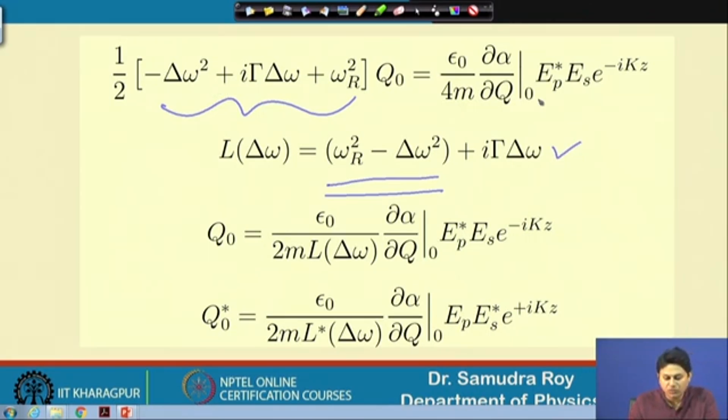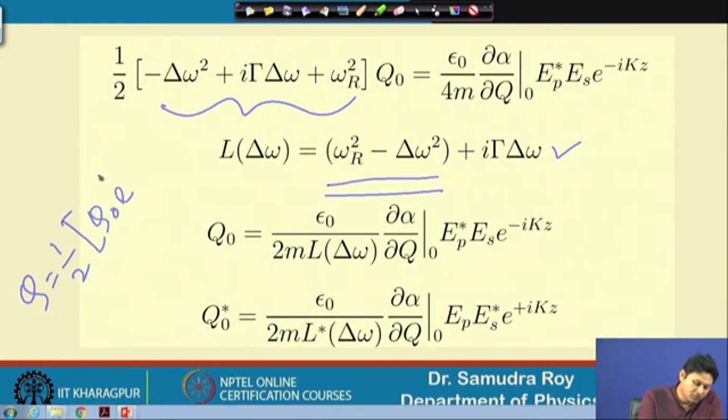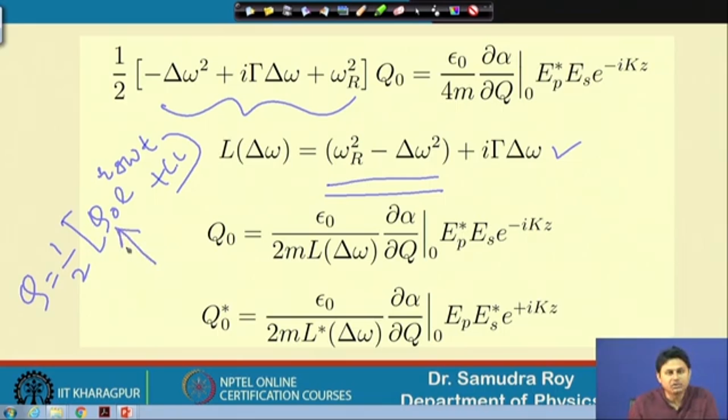And if I put it here, then q0 is a solution of this equation, because we already have a form of solution which is q0 e to the power of i delta omega t plus complex conjugate. So, this was the solution, and in order to have the explicit form of the solution, we need to find out what is my q0, and exactly this is the thing we are doing right now.